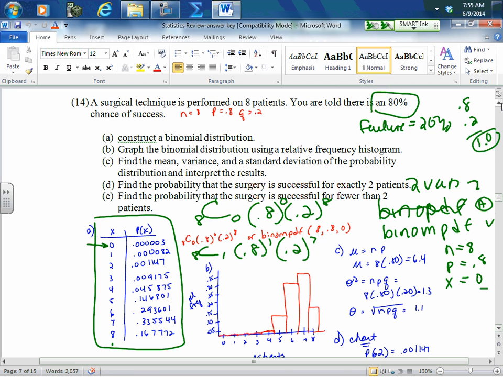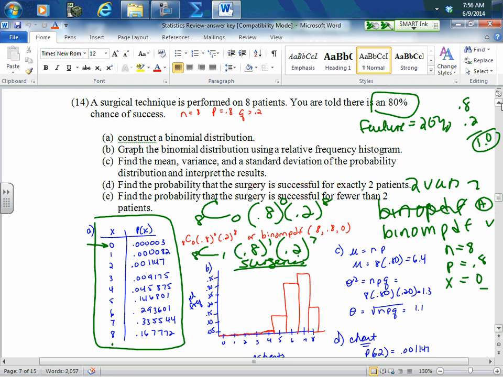We make your graph the same exact way we did your probability distribution. Okay, this is your surgeries. Let's title it. Again, figure these like money, your P of X, your probabilities. These are very, very small in the beginning because your chance of success was high. 80% is fairly high.